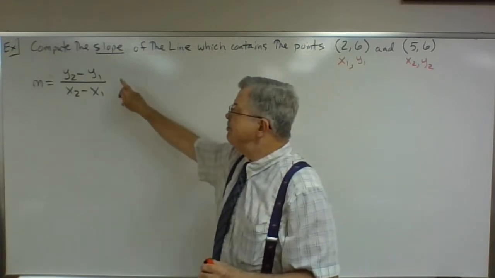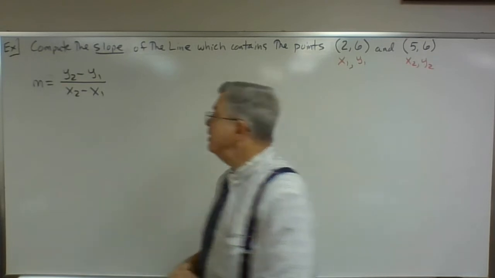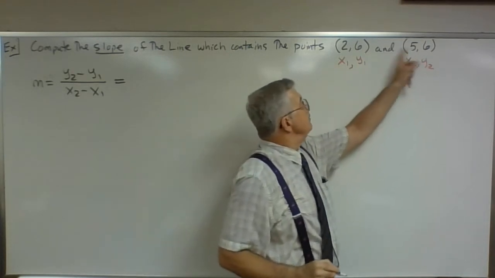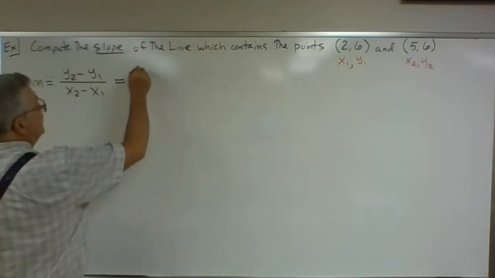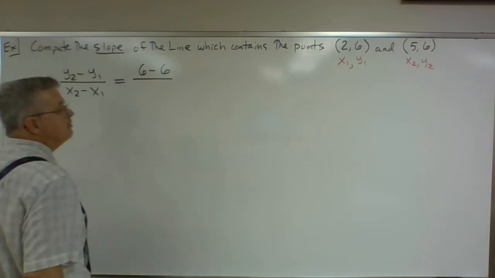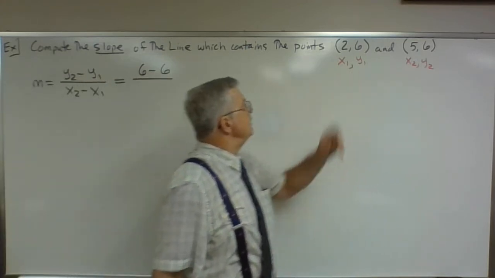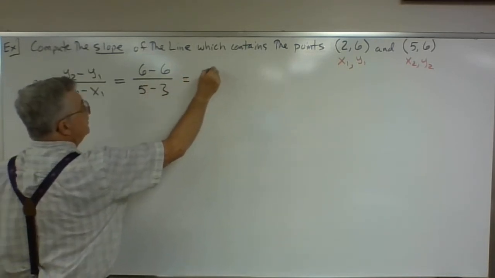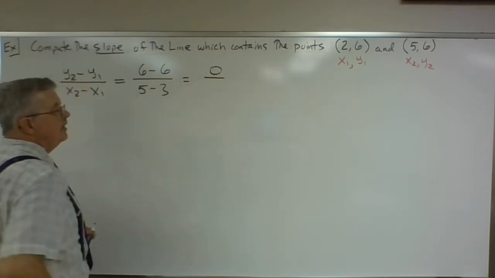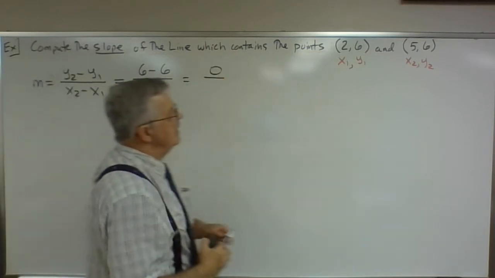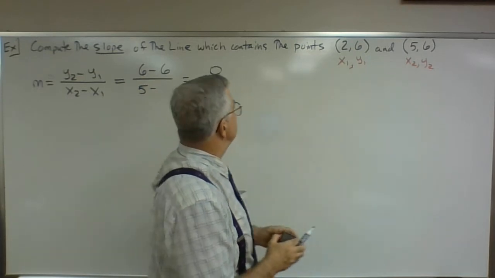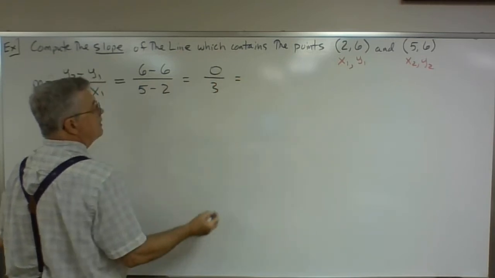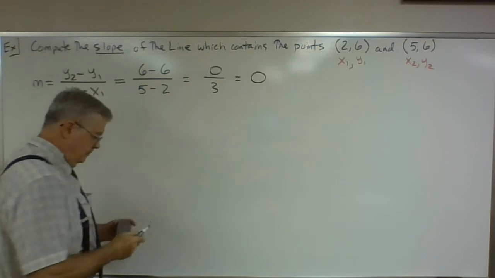And now we just pop everything into the formula, and out comes the slope. y2 minus y1, that's 6 minus 6. x2 minus x1, that's 5 minus 2. And we get 0 divided by 3, which is 0.